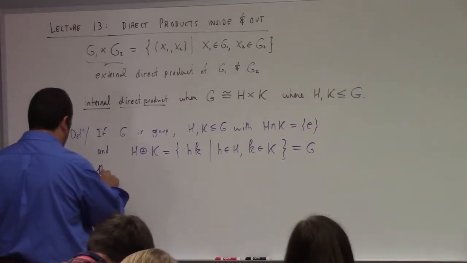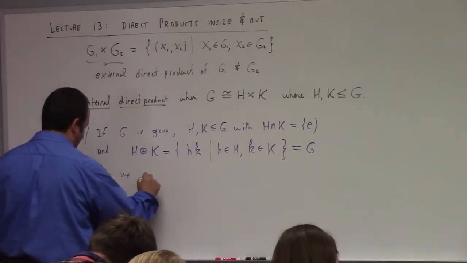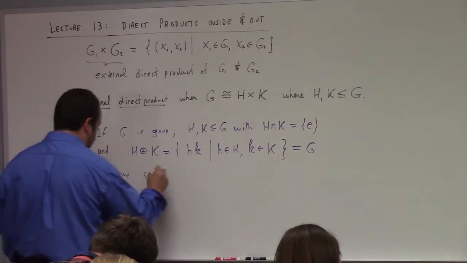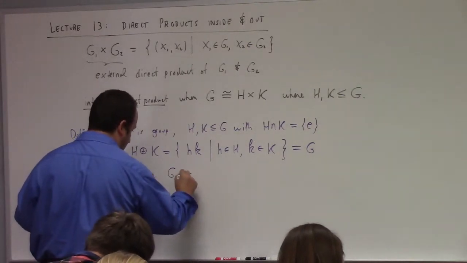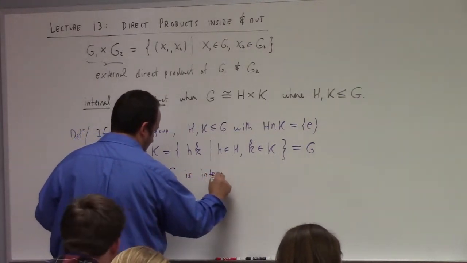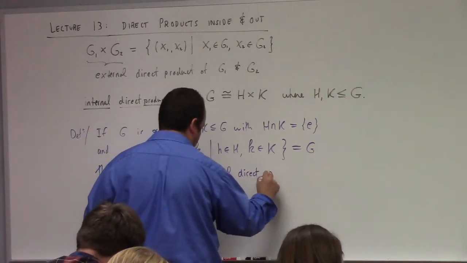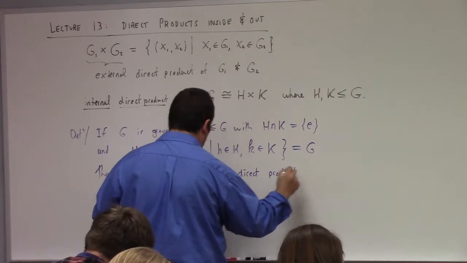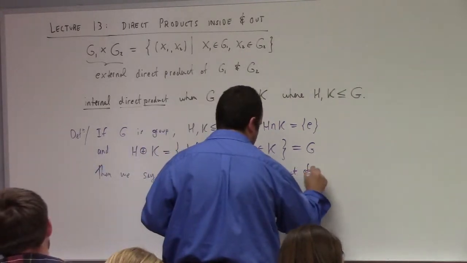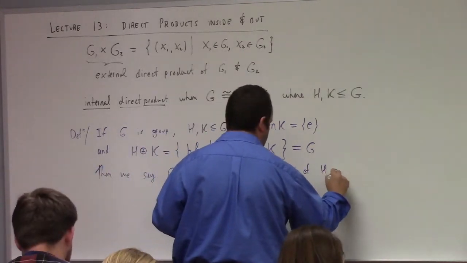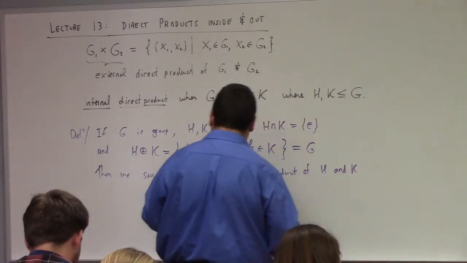Then we say G is the internal direct product of H and K. I'm a little bit worried about this definition.